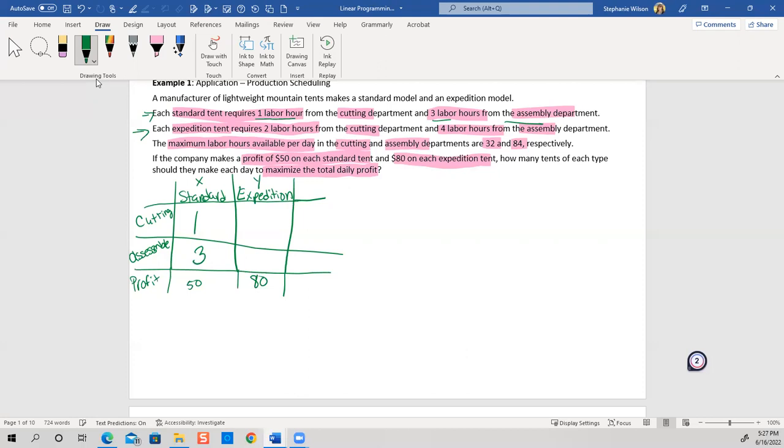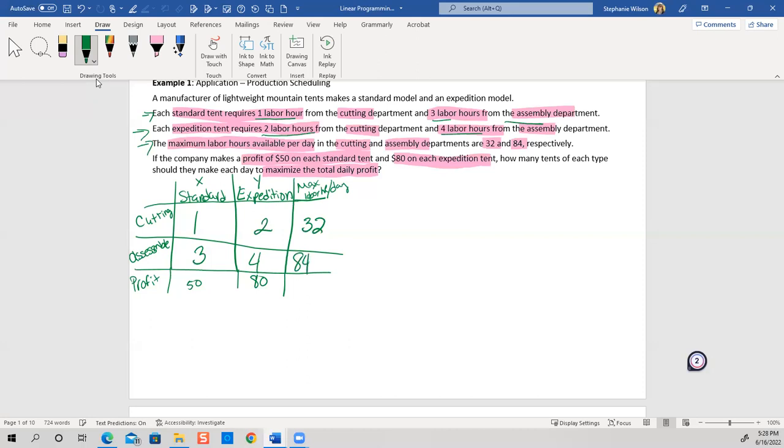This third one says the expedition tent requires 2 labor hours for cutting and 4 labor hours for assembly. This fourth sentence says maximum labor hours available per day. So we have a maximum labor hours per day, and it says for the cutting is 32 and for the assembly is 84.